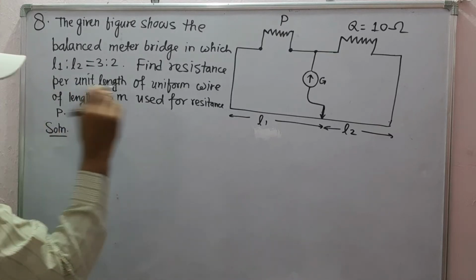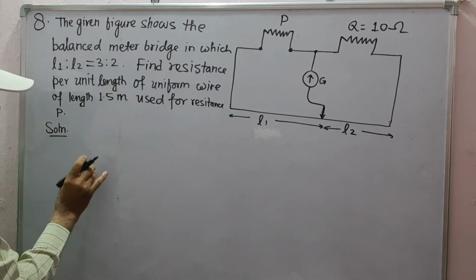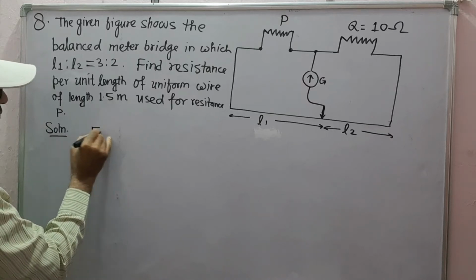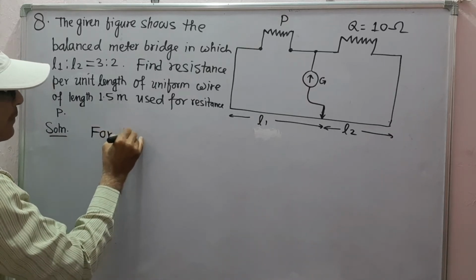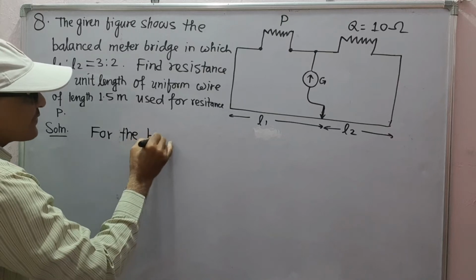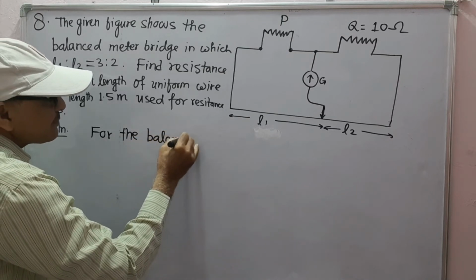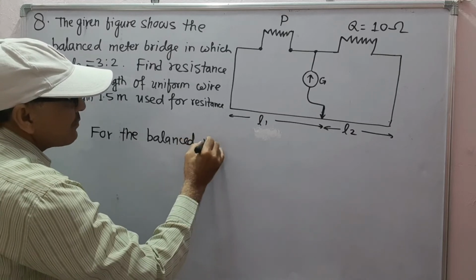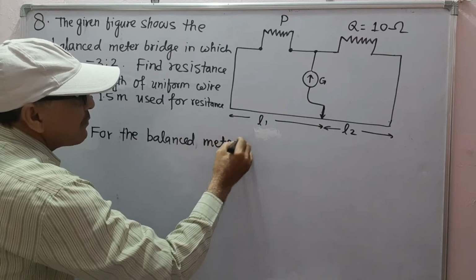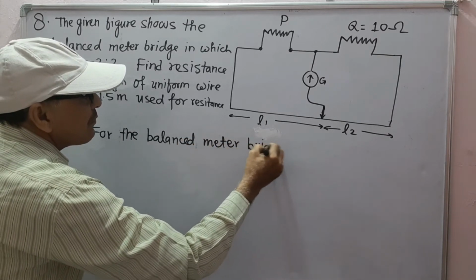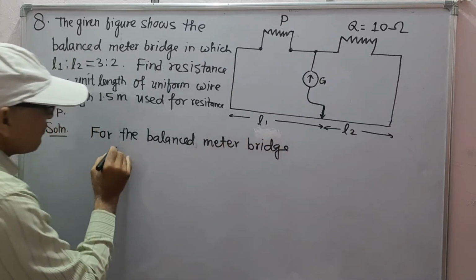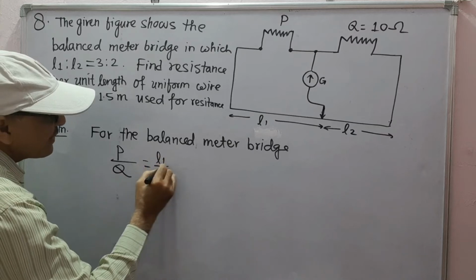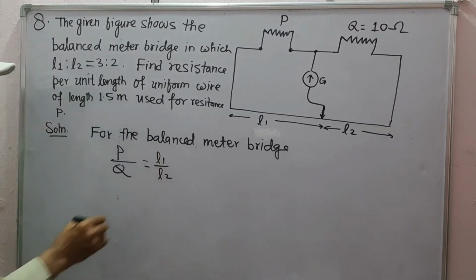Solution: because the meter bridge is balanced, therefore for the balanced meter bridge, P upon Q is equal to L1 upon L2.